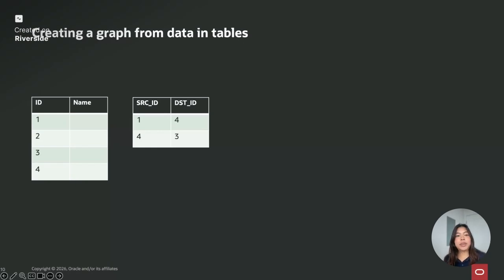One table has ID and name, and another table shows something like a join, able to merge what we have on the left. If we take a look, we can see how, for example, ID 1 is connected to ID 4, and ID 3 is connected to ID 4 too.